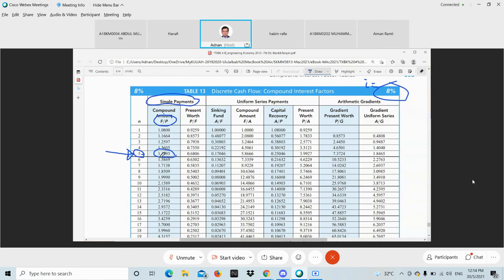But in practice, you can use this table lah, cepat. Ataupun boleh guna Excel. Excel sebenarnya ada function, financial function. But for you, you must be familiar using the formula.